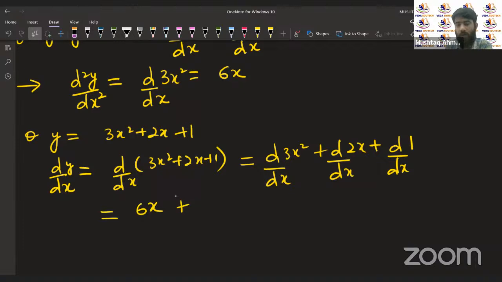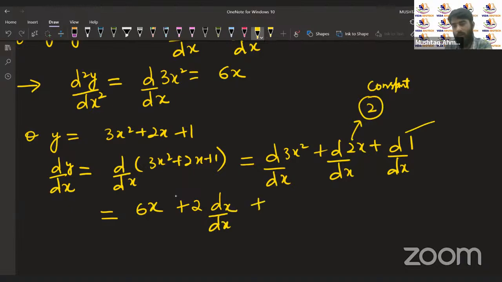Plus, since this 1 is a constant, it will not change. A constant function will never change. The derivative of a constant function will always be 0. But if this constant is in multiplication or division with some variable, then the constant comes out of the derivative, and we take the derivative of that variable.